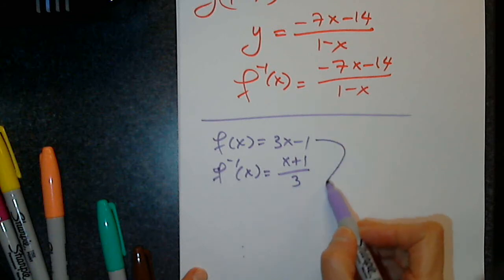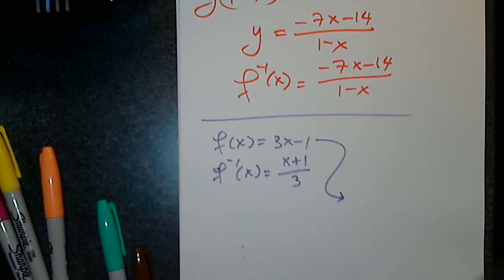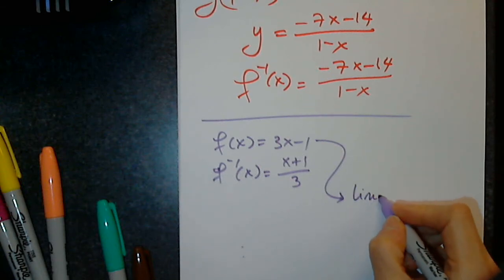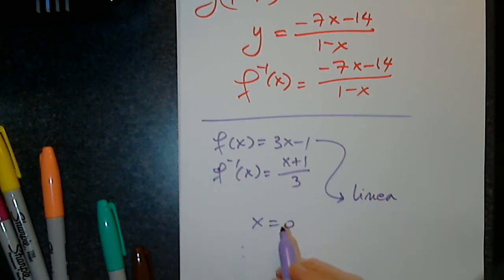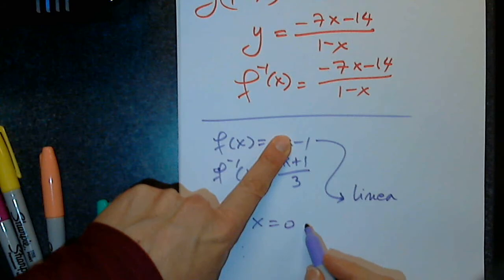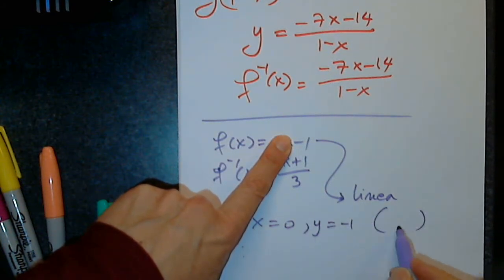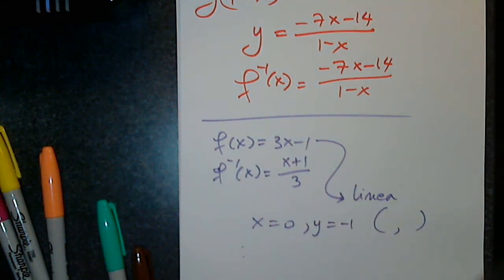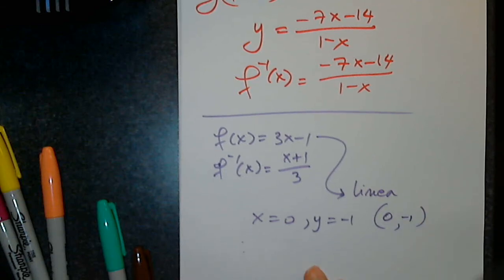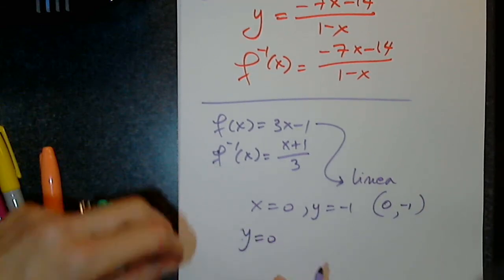I would like to graph this function. What type of function is it again? Excellent. When x is 0, y equals -1. What is the ordered pair? Perfect.